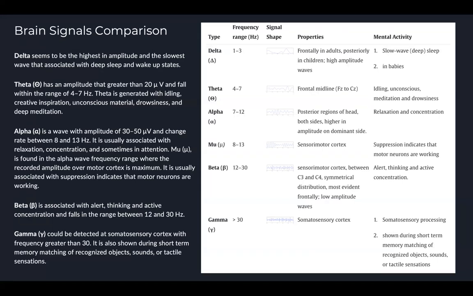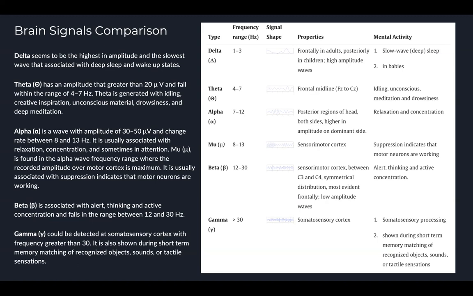Beta wave is generated when you are thinking, alert or active, like when you are getting a strategy to get out of the situation, or you are trying to solve a problem, or you are being active for some time period. At that moment your brain generates a beta wave.